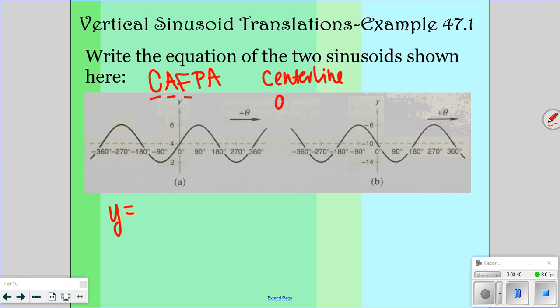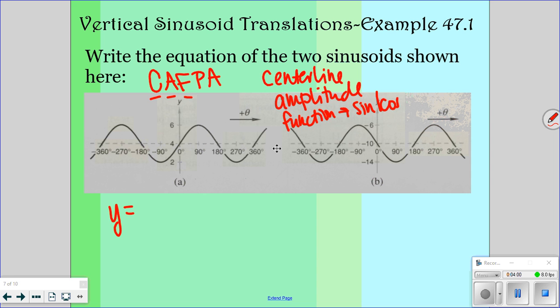The A is for amplitude. And then the F is for your function. Is it sine or cosine or whatever? So the center line is the new part for today. The amplitude and then the sine or cosine part we've already been dealing with.